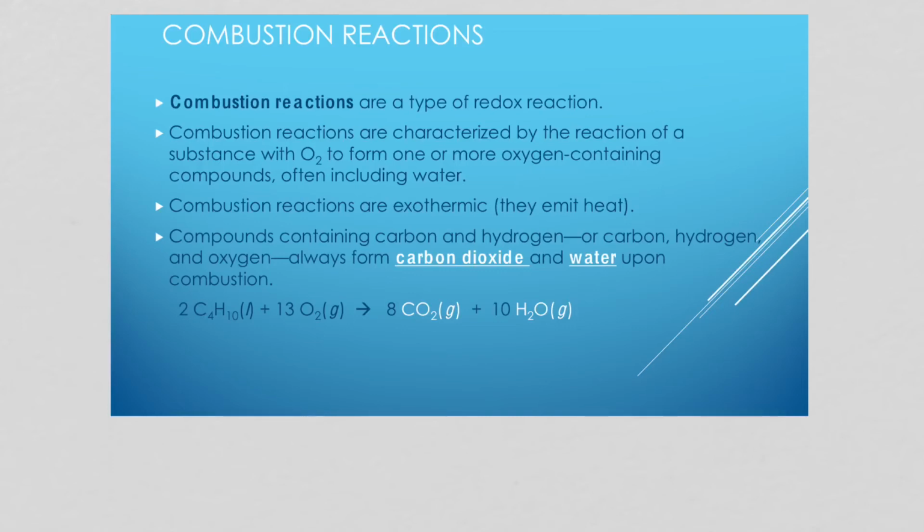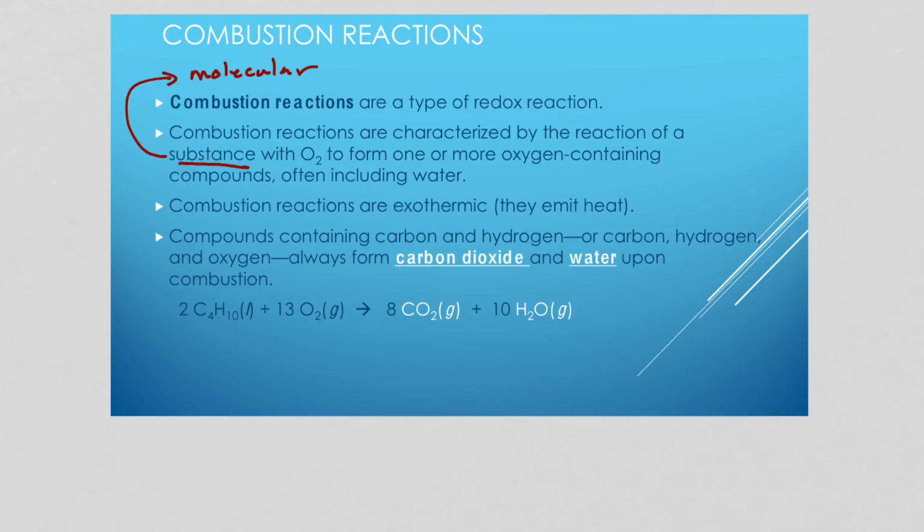So combustion reactions are reactions of a substance, more specifically a molecular substance, to form one or more oxygen-containing compounds. These reactions are characterized by being exothermic. These are what we commonly know as burning reactions. These are what we call combustion.